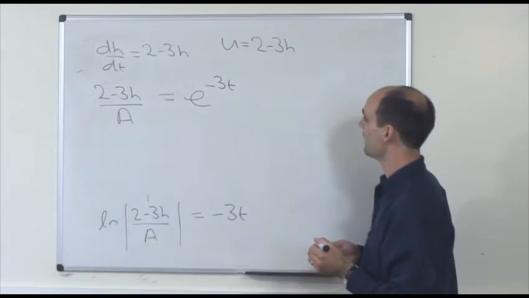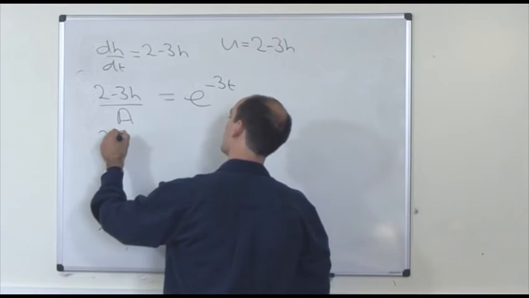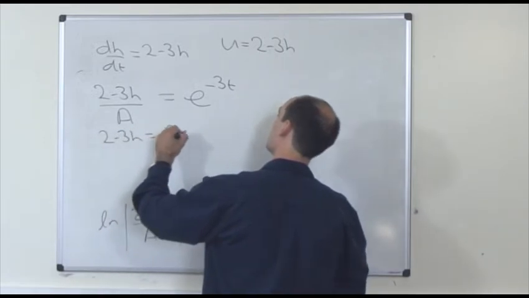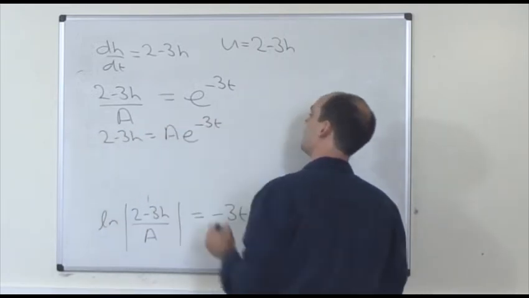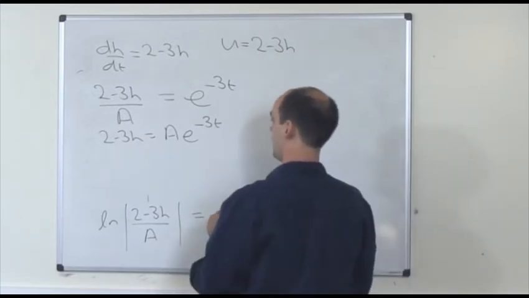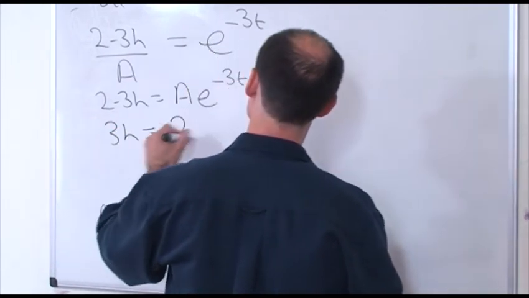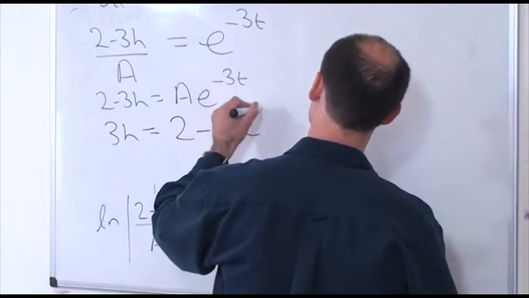Okay, well, I'm nearly there now. I multiply through by my constant. 2 minus 3h is equal to a times e to the minus 3t. And then I rearrange this to make h the subject. So I end up with 3h is equal to 2 minus a e to the minus 3t.